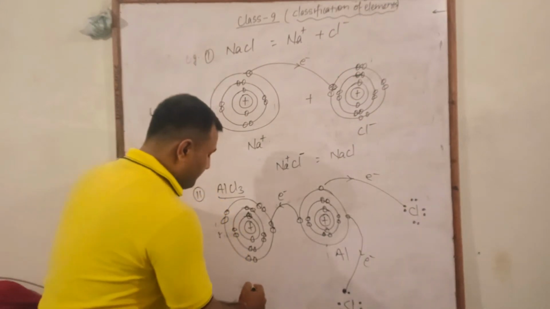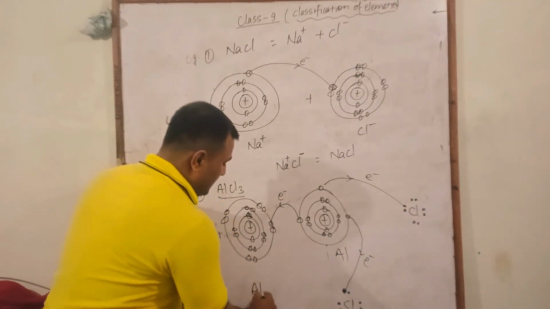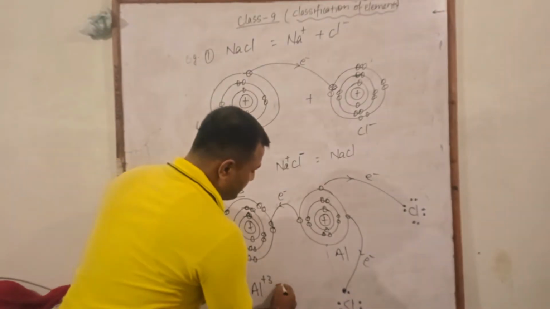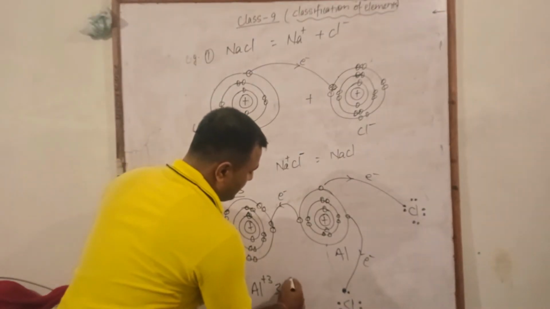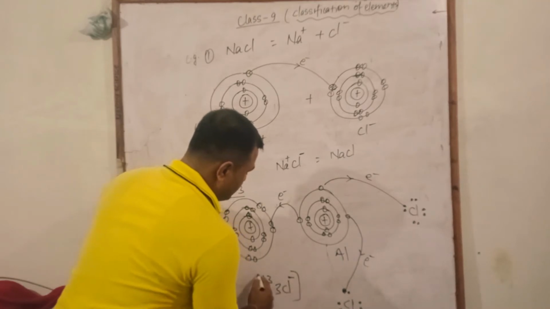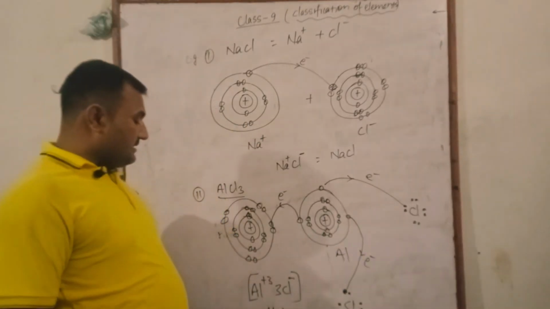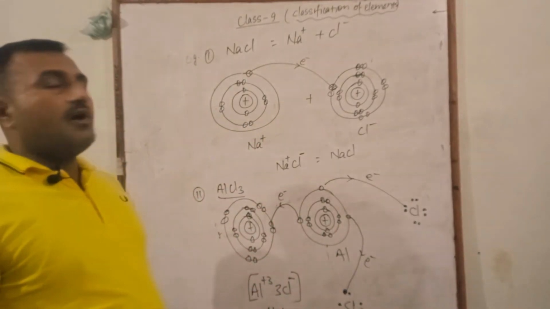In this way, Al3+ charge and 3Cl minus charge develop, and it is called AlCl3 or aluminum chloride. Aluminum chloride is formed in this way.